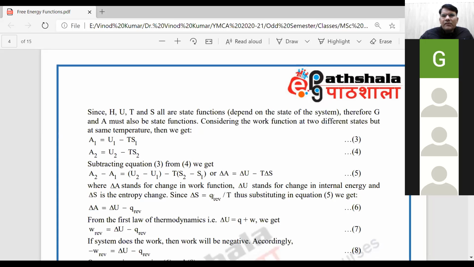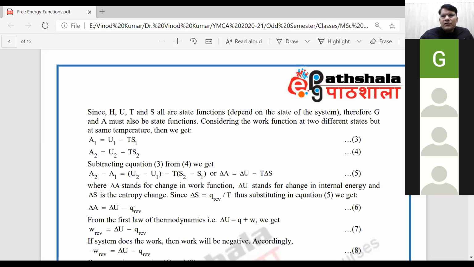So delta S is equal to Q reversible by T. Then T delta S becomes equal to Q reversible. Correct? If we substitute T delta S in equation number 5, then delta A will be equal to delta U minus Q reversible.